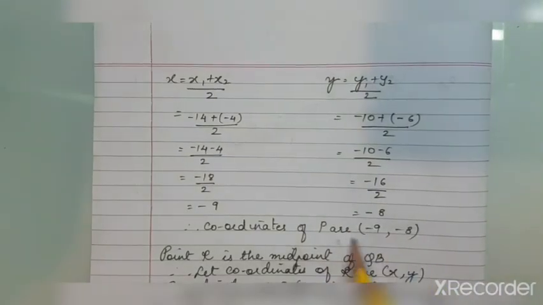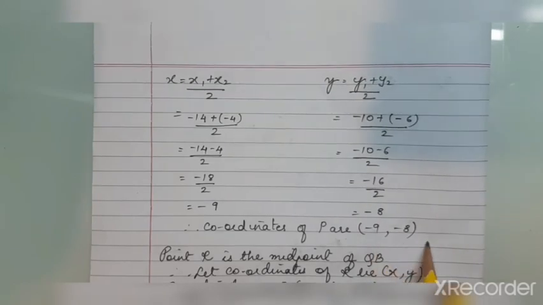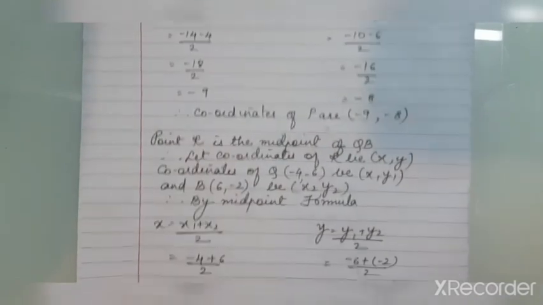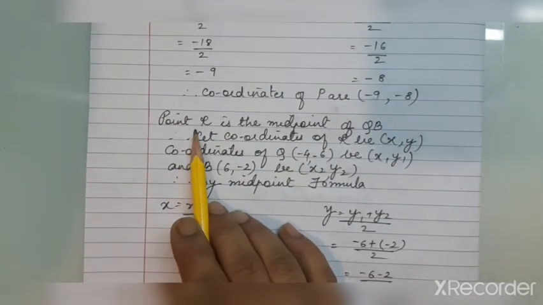Here you will see the coordinates of P we have found are -9 and -8 by the midpoint formula. And then we have to find the coordinates of point R.